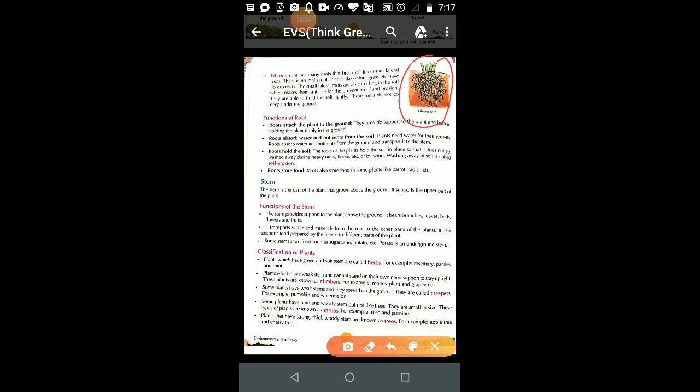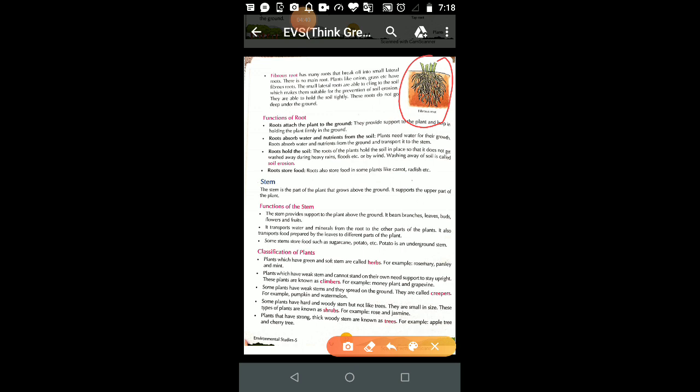After that we discussed that some roots store extra food. Some stems also store extra food, such as sugarcane and potato. Potato is an underground stem. And after that in this chapter we discussed the classification of plants.